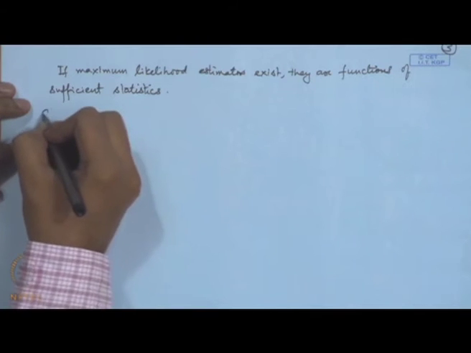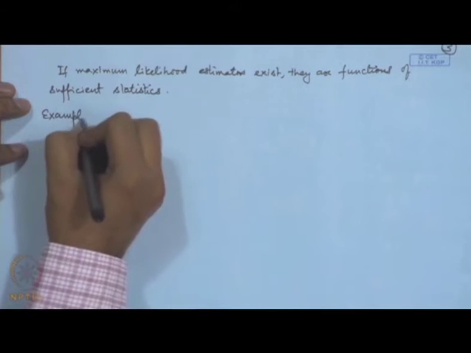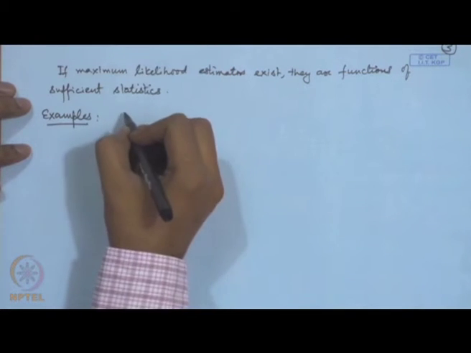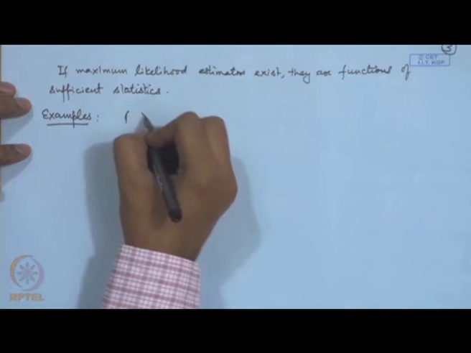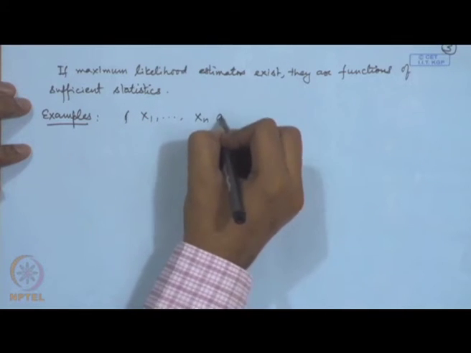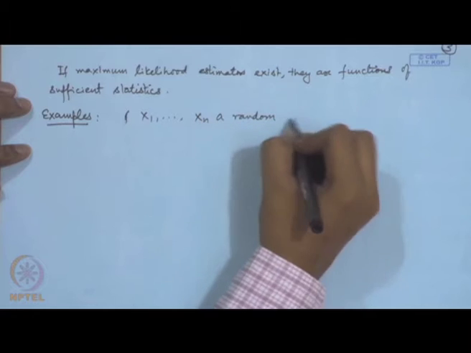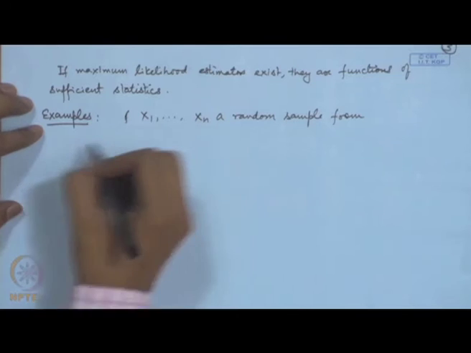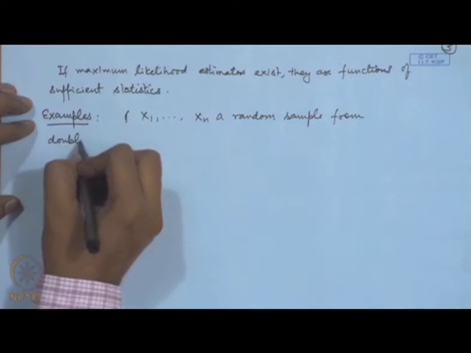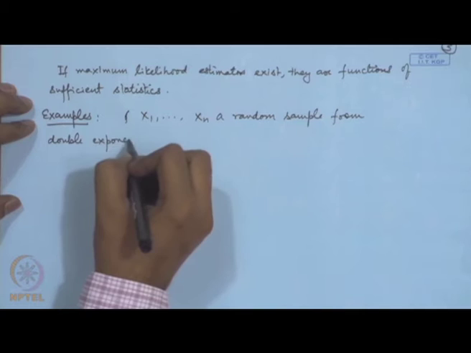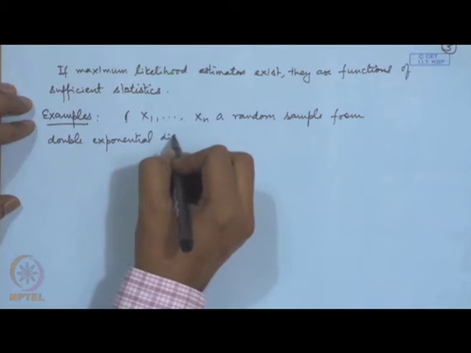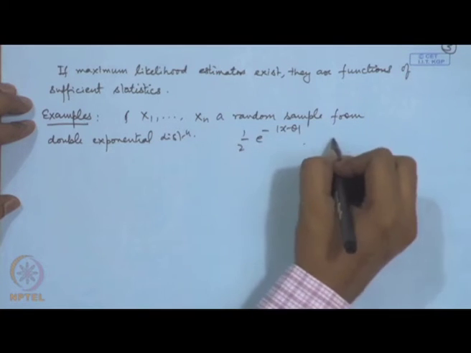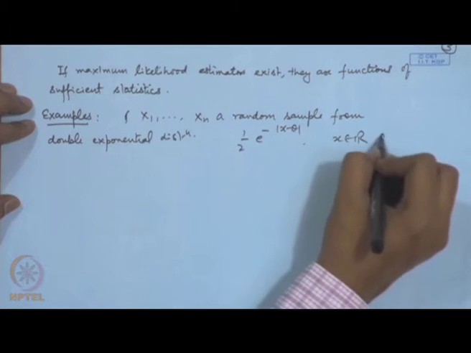Let us take some more examples here. Say for example, x1, x2, xn, a random sample from say double exponential distribution, half e to the power minus modulus of x minus theta, where x is any real number, theta is any real number.